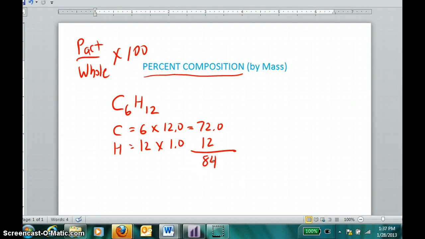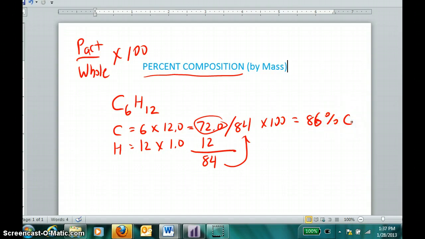So of course, if the percent composition is the part to whole ratio of carbon to whole and hydrogen to whole, all we do is take the part, 72 units of mass of carbon, and divide by the whole, 84 units of mass, that is the entire compound. And when we multiply by 100 to get an actual percentage, we get 86% carbon by mass.